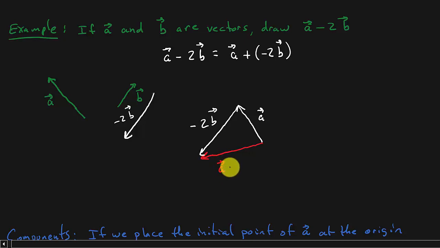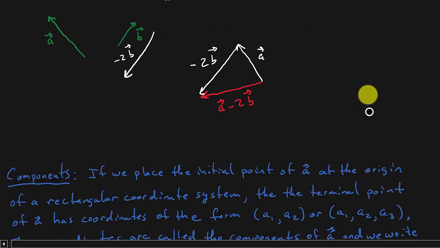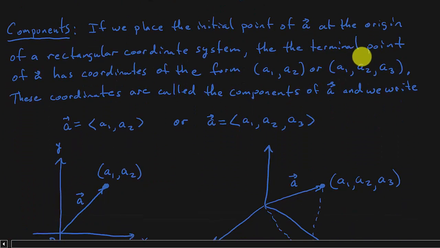This is A minus 2 times vector B. All right, hopefully all of that makes sense. Okay, let's continue on.